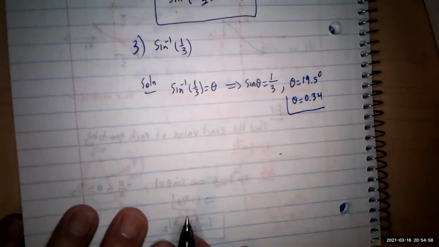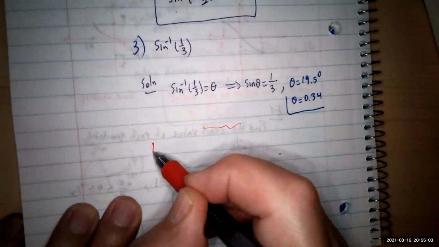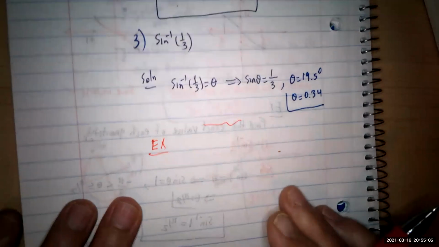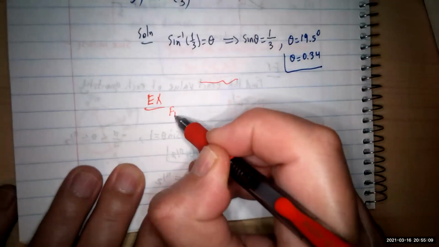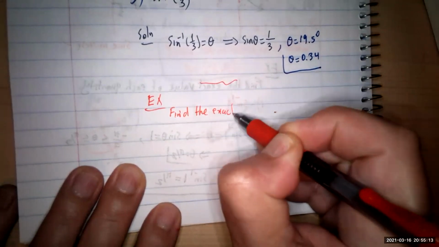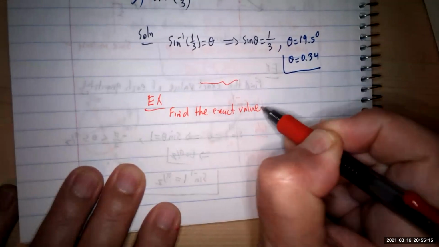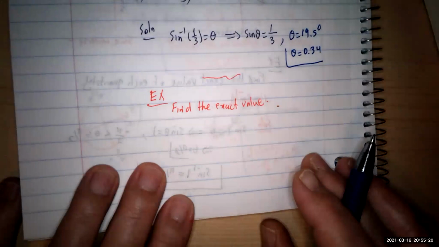The example is going to be: they want you to evaluate again, find the exact value. This is a property that we may check.